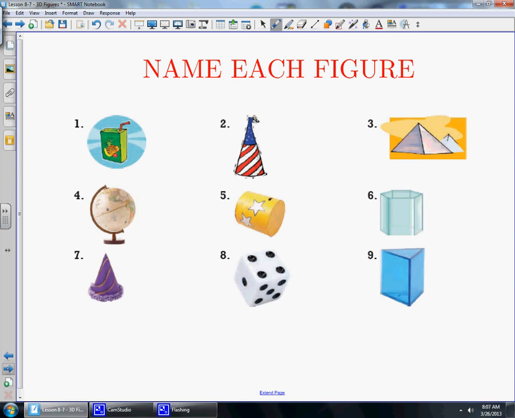Okay, the first one here, the juice box, is a rectangular prism. This, because it comes to a point and it has a circle for a base, is called a cone. This comes to a point, so it's a pyramid, and we can't see the back here, but this is a square, so it is a square pyramid.